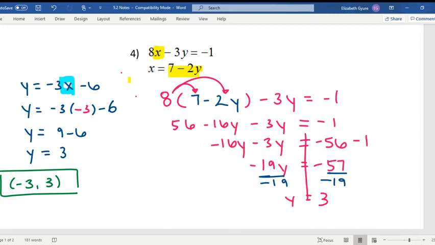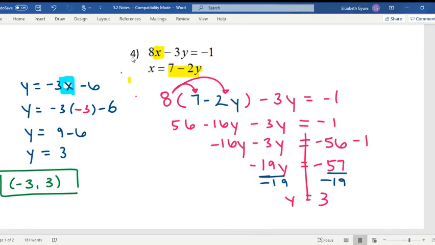Okay, now the question is which one? I'm going to tell you that either of them work. You can make either of them work. One of them, though, is a little bit simpler than the other. The bottom one is more simple, and I want to point out to you why. Don't we know what y equals? So if we found a y, what's the other letter we're looking for?